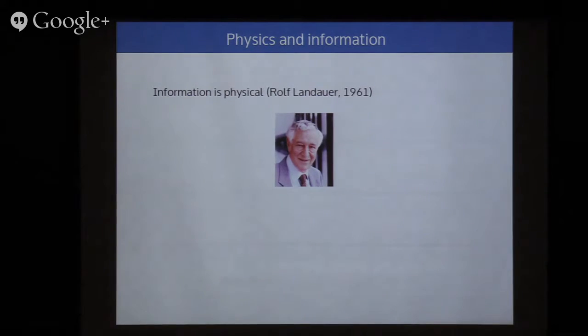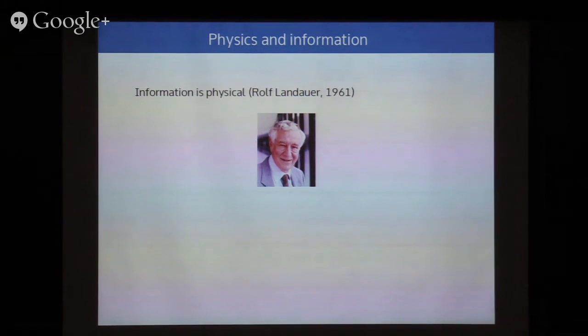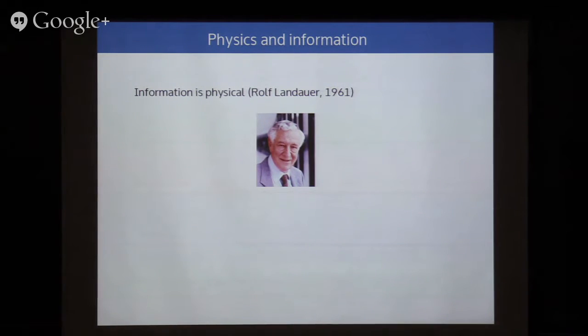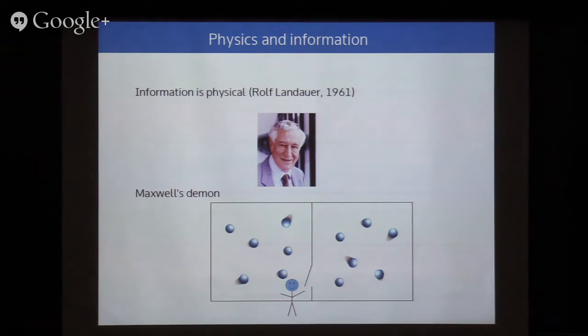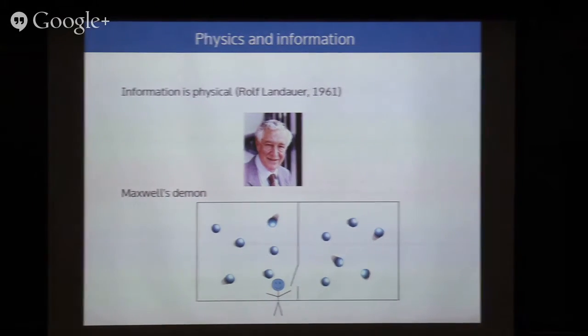And Rolf Landauer actually went one step further and made this claim that information is actually physical. So what can he mean with that? What he actually means is that if you talk about information, you actually have to think of information being physically implemented. That was at least his view. It's not completely undisputed, but the way he arrived at that conclusion is by looking at Maxwell's little thought experiment about the demon.